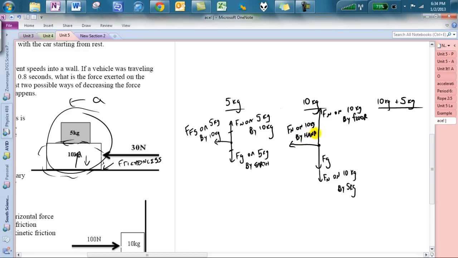And what is also really weird, this is why this problem can be kind of difficult to understand, notice this frictional force right here. Because the 10 kilogram box has to push the 5 kilogram box forward, what does the 5 kilogram box do to the 10 kilogram box? It pushes it back. It is again that FFS on the 10 kilogram box by the 5 kilogram box.